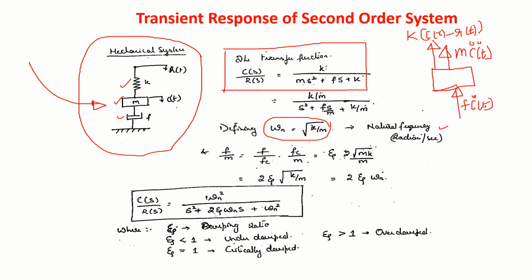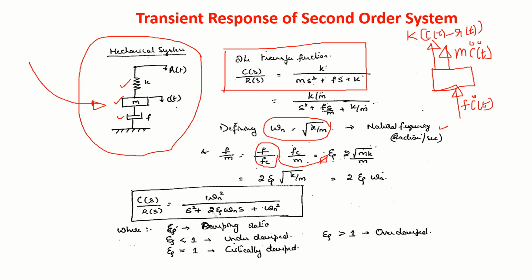And f by m, let us replace this. Let me divide f by fc and also multiply by fc. This ratio f by fc I represent by zeta, damping ratio. fc is nothing but 2 root mk.